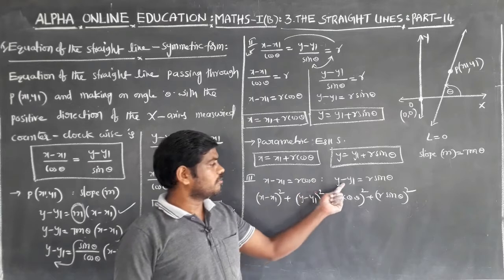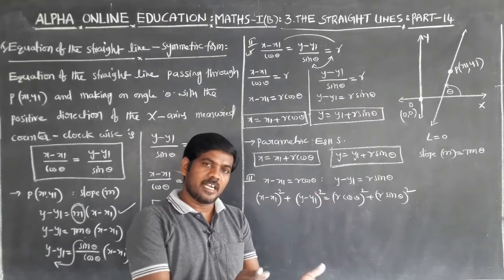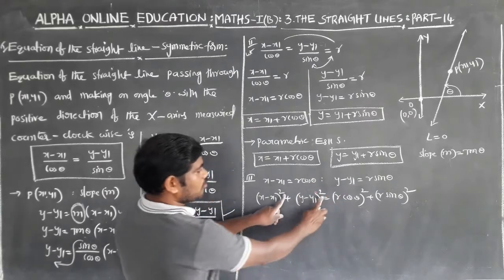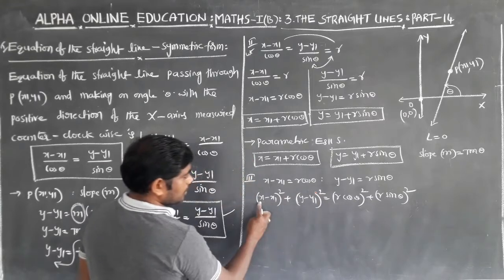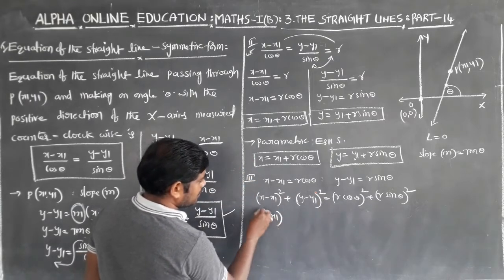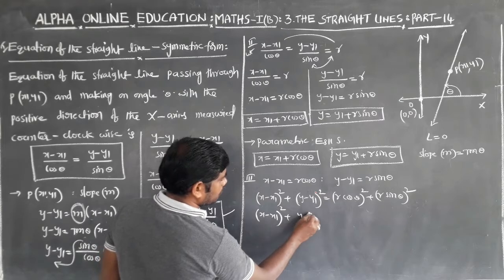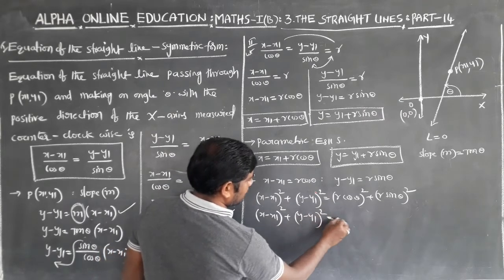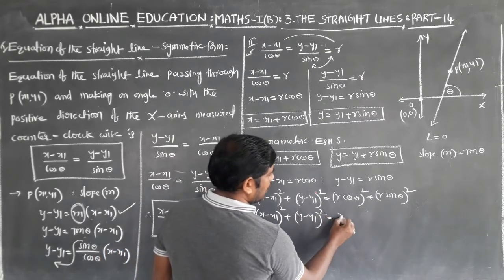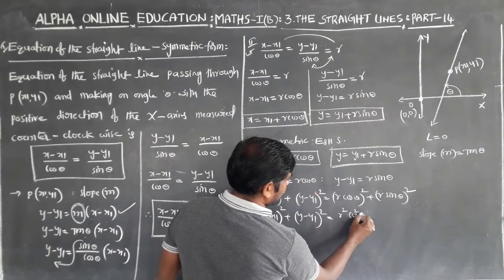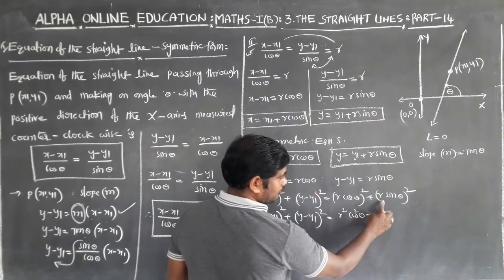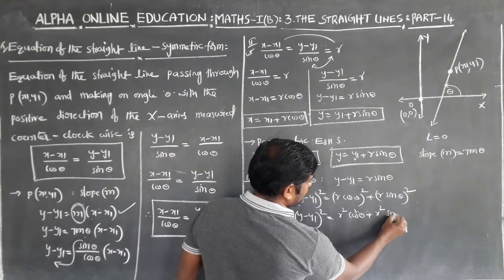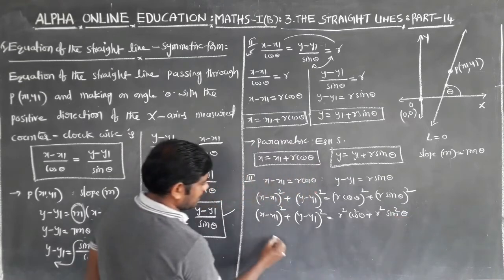Squaring and adding the above equations: x minus x1 whole square plus y minus y1 whole square is equal to r cos theta whole square, r square cos square theta, plus r sin theta whole square, r square sin square theta.